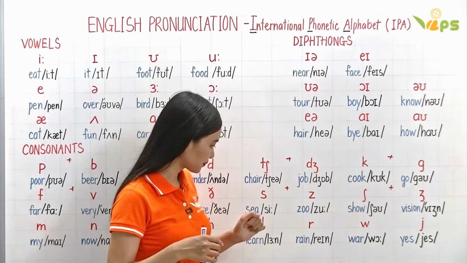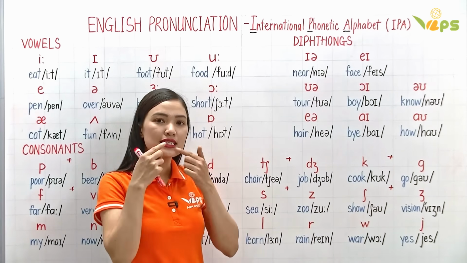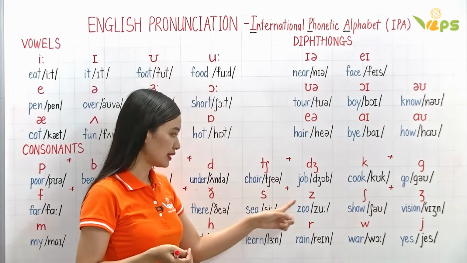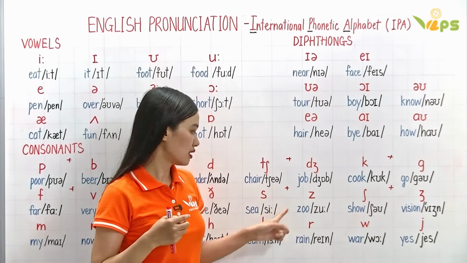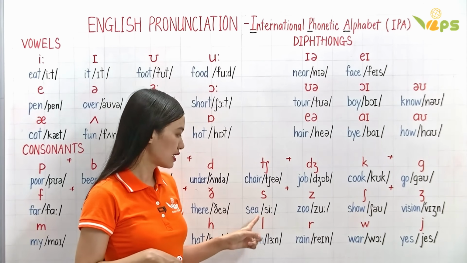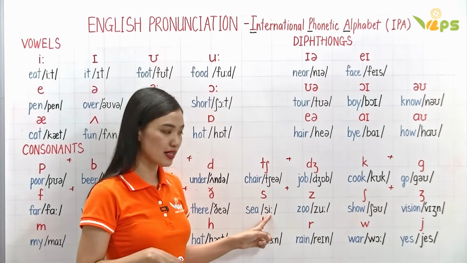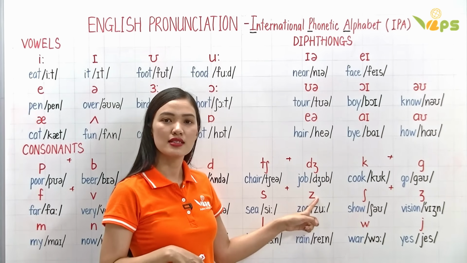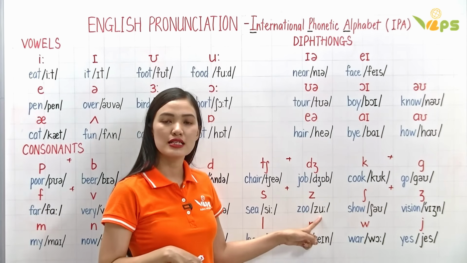Now, s, unvoiced. And this one with vibration here, z. Now, s, see. This one, z, zoo.